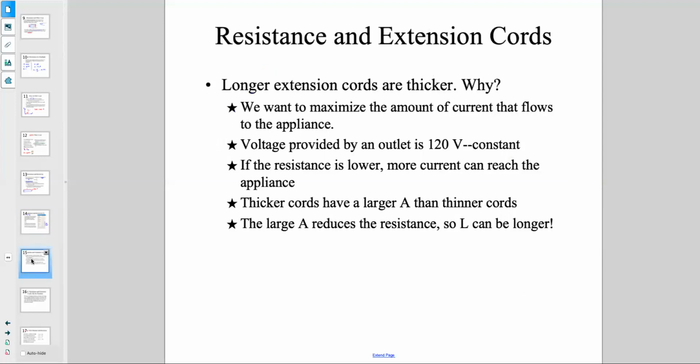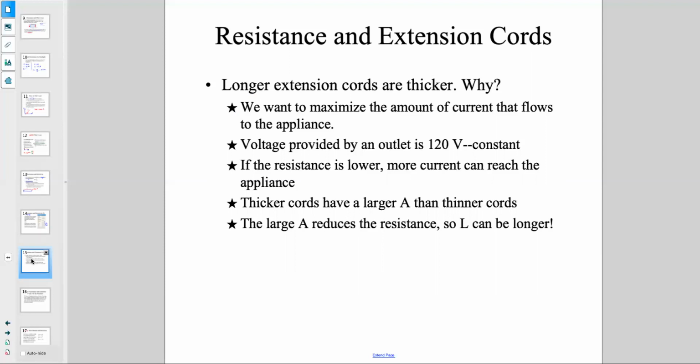So, resistance and extension cords. Have you noticed that longer extension cords are thicker? But why? We want to maximize the amount of current that flows to our devices. The voltage of the outlets that we use here in the United States is 120 volts.